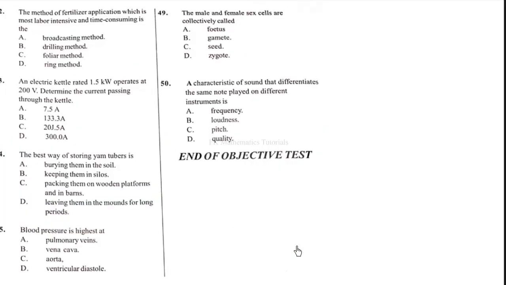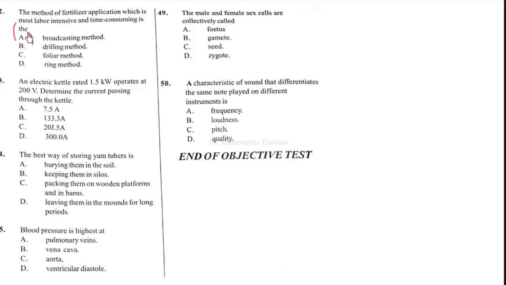The method of fertilizer application which is most labor intensive and time consuming is the broadcasting method. It takes a lot of time. It's also most labor intensive. You need a lot of people. So the correct answer is broadcasting method.